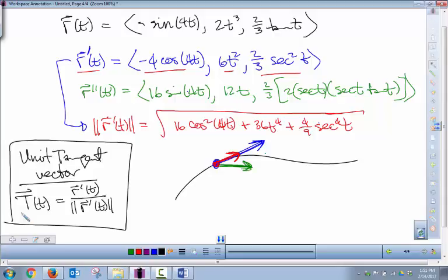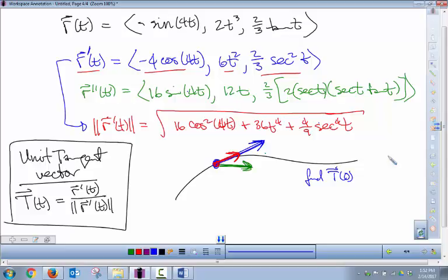So let's actually find this for t equal to 0 in our example. Find capital T of 0, which is the unit tangent vector at time t equals 0.